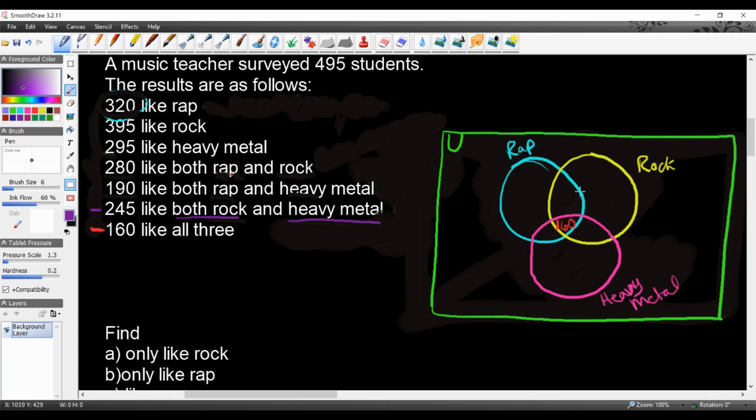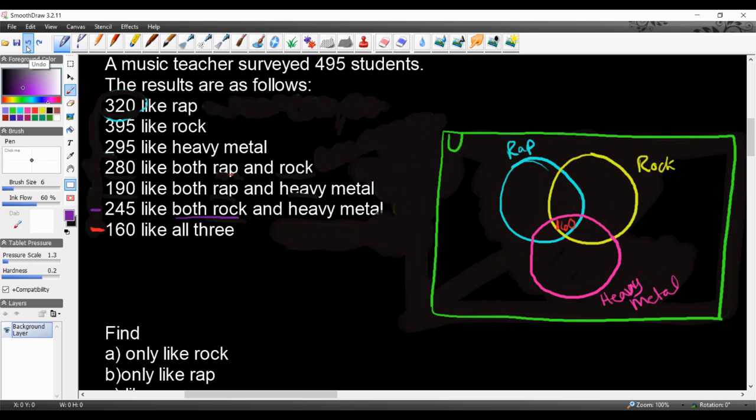You want to see where these two circles overlap. I can tell that that section is right here, where that 160 is, and then this part right here. However, it tells us that there's 245, and we already have 160 of those students accounted for. So to figure out what goes in this piece, we need to subtract.